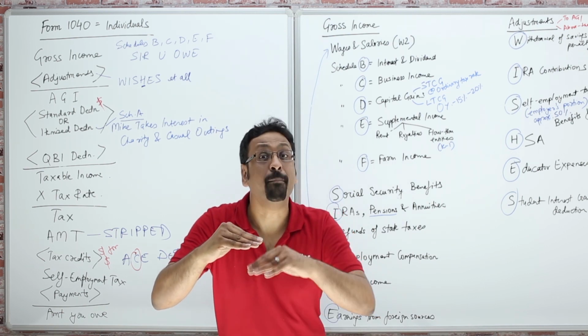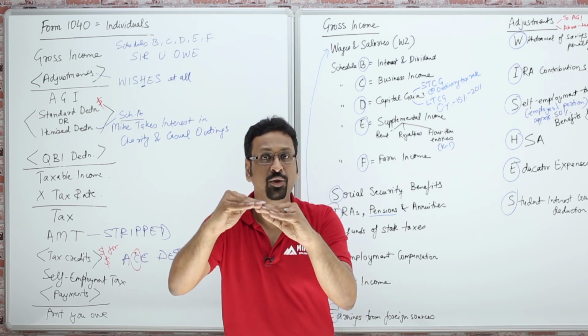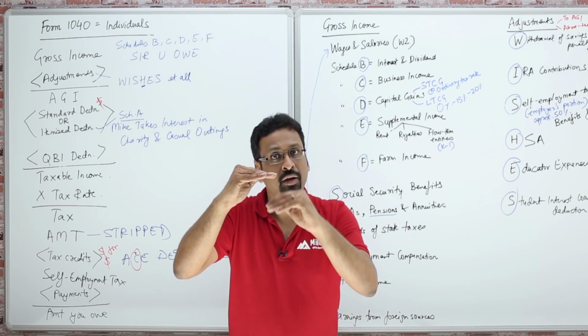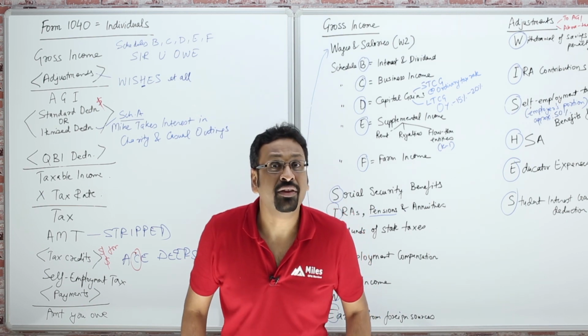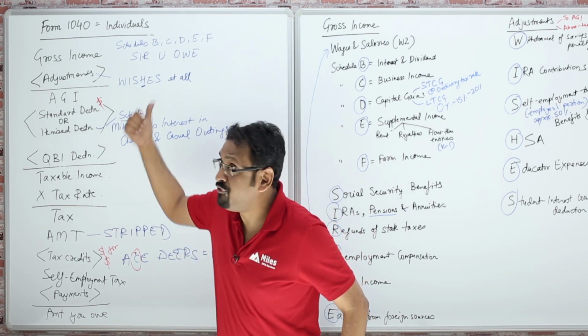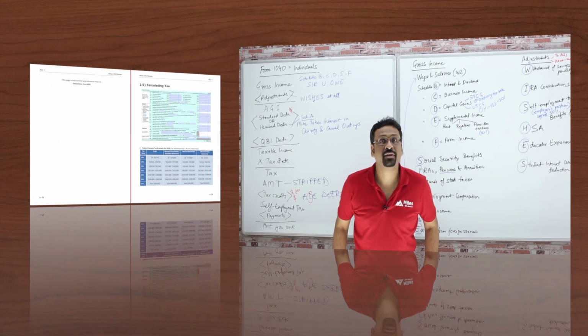If you've earned even more, the next tax slab is 22%. Then you have 24%. More than that, 32%, 35%. From 2018, the highest tax rate for individuals for federal income tax is 37%.